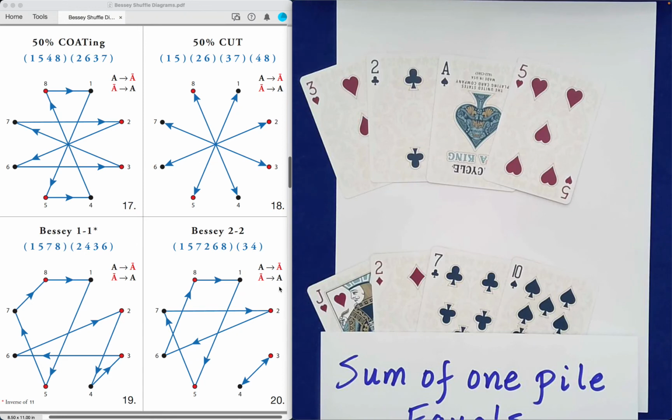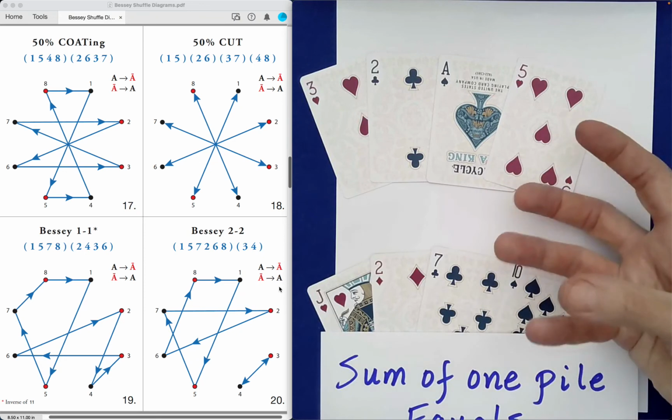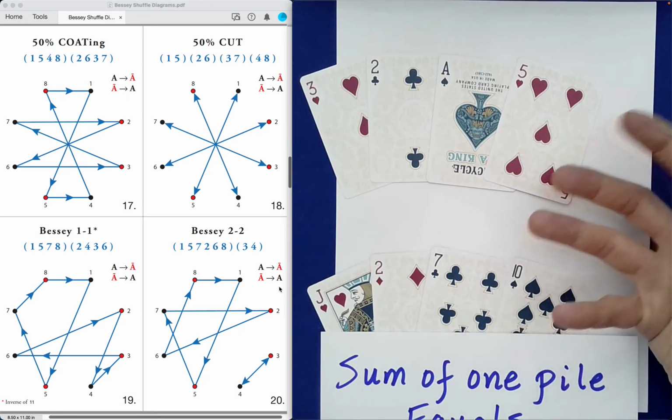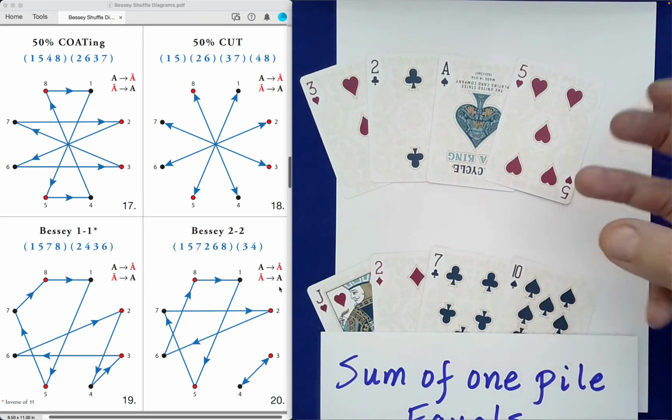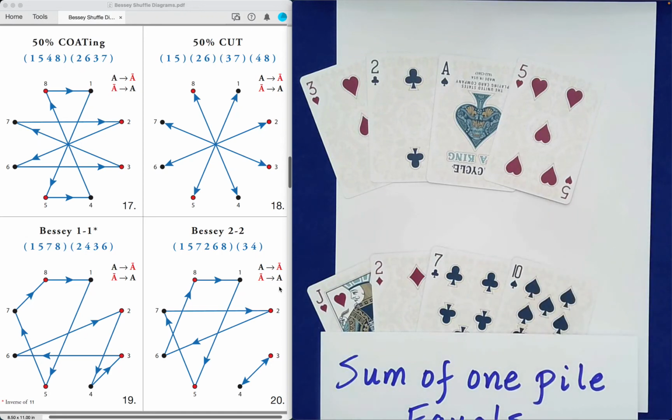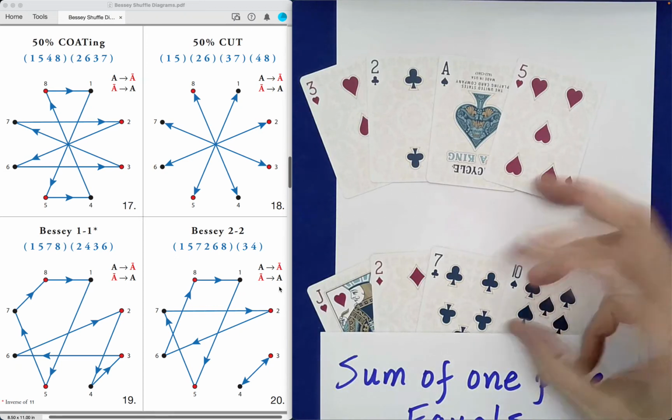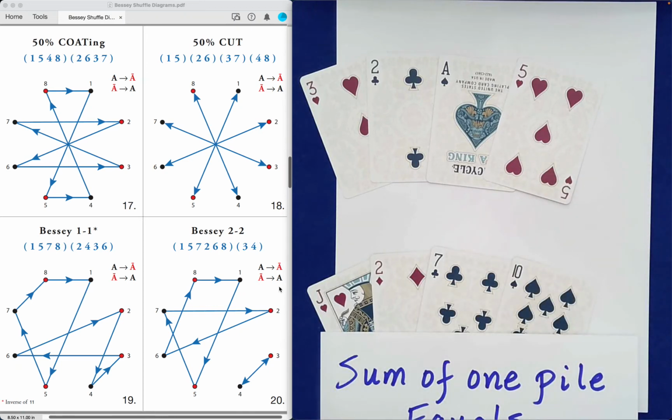These shuffles do not fundamentally destroy the organization of these cards that's of value or of importance to us. They truly don't. Okay? And that's true regardless of whether the shuffle preserves the Bessey structure exactly, the form of it, or inverts it. It won't matter. Okay?